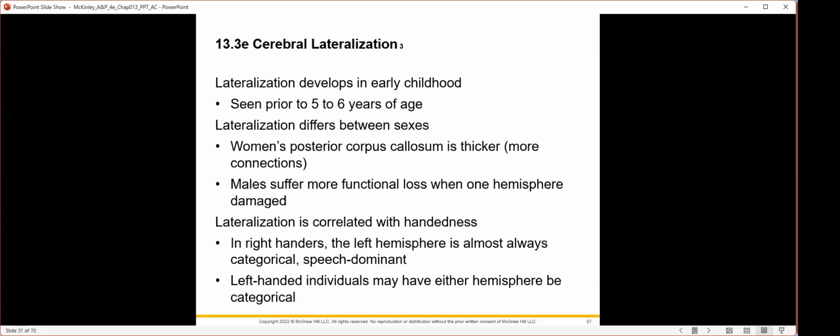As far as lateralization goes, over time we develop these. It develops in early childhood, usually seen by ages 5 to 6. It can be different depending on sex. The corpus callosum, that connection between the hemispheres, tends to be thicker in women versus in men.